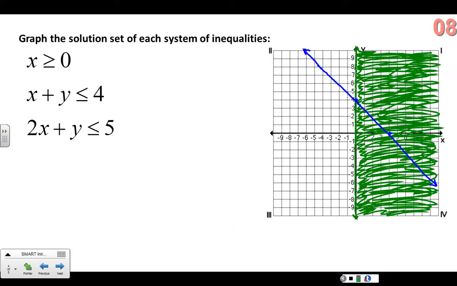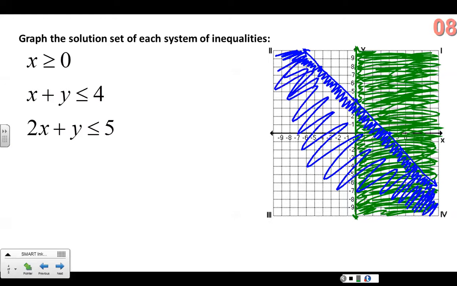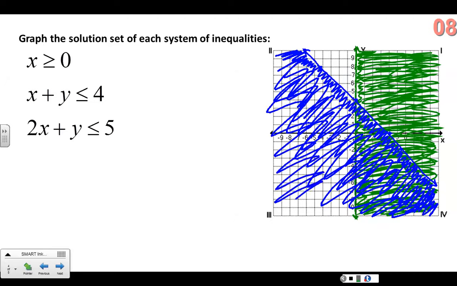So I would shade on the side of the origin. So we already see where the green and blue is overlapping.